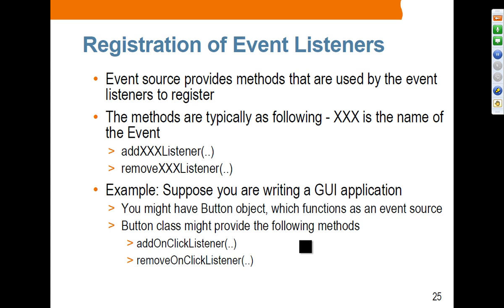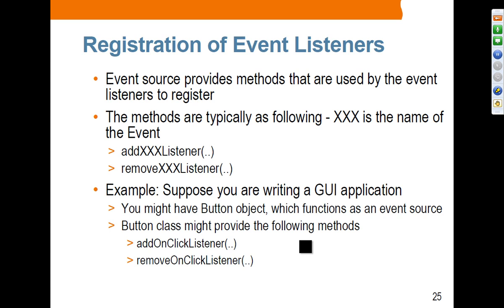As I said before, the event source provides registration and unregistration methods that are used by the event listener to register. Those have to be in the form of add xxx listener and remove xxx listener, where xxx is the name of the event.